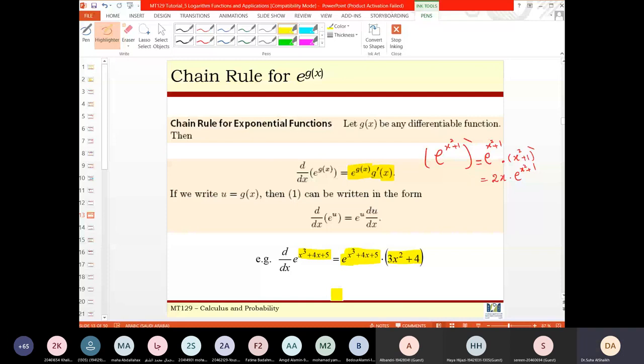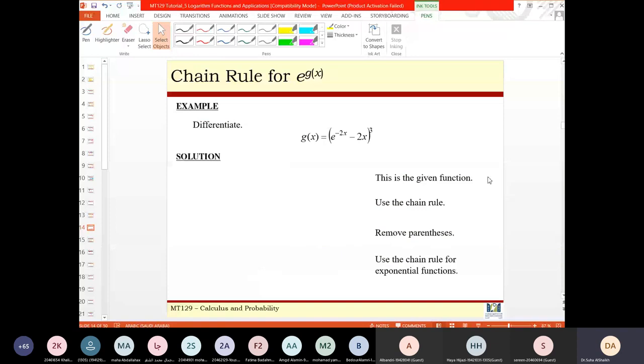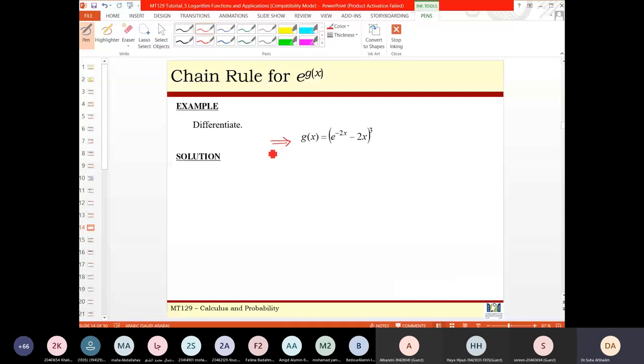Let's check this example. I want to do it myself. I'm going to delete this. They are giving you this function, asking you to find the derivative. Now have a look at the function. What's the first thing that comes to your mind?